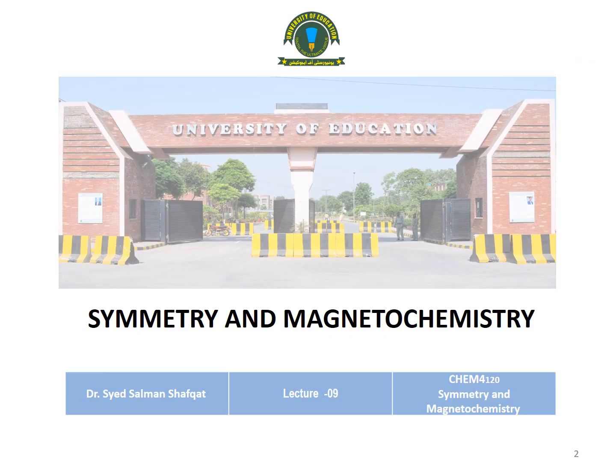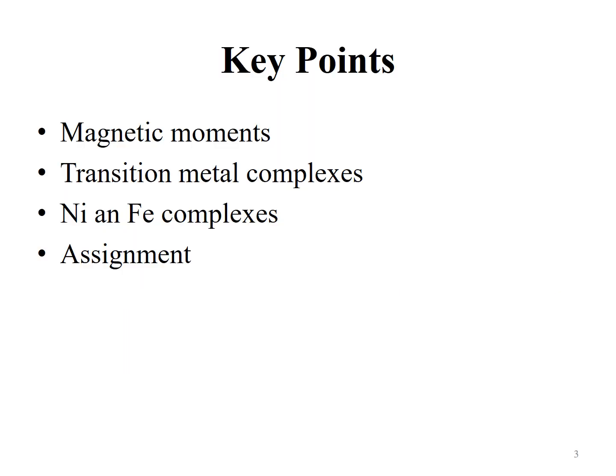This is lecture number 9. That is the continuation of the previous lecture. In the previous lecture we studied about the magnetic moment of transition metal complexes. In this lecture, we are also going to talk about magnetic moment calculated from the formula and observed from any type of magnetometer, and the comparison of magnetic moments calculated from the formula as well as observed from the magnetometer.